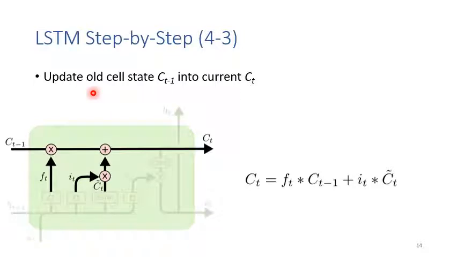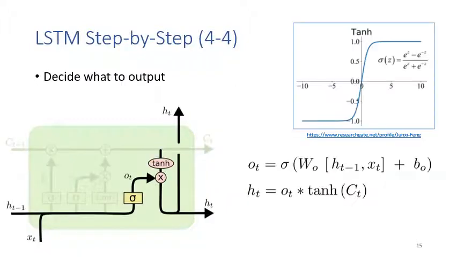The next step is to update the old cell C_{t-1} with the new information. It's just the weighted sum of the previous cell information and the new cell information. Then we can save the result into our current cell state. Finally, we can use the new cell state to calculate the output.